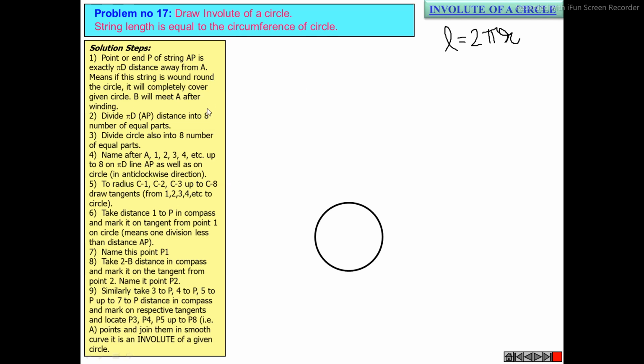Then what you need to do is locate the center point of the circle. Say suppose this is the center point of the circle, and then mark the radius of the circle. Say this point is point P. CP is the radius of the circle, correct?